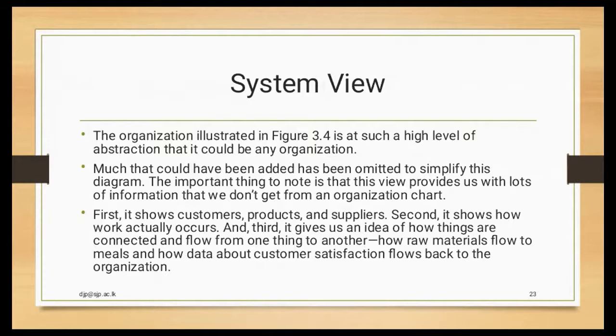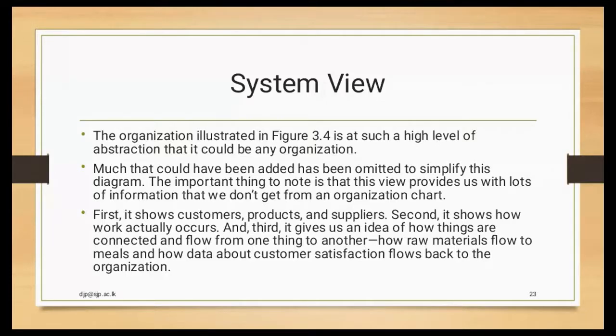Second, it shows how work actually occurs, what activities occur within the organization. And third, it gives us an idea of how things are connected and flow from one thing to another.